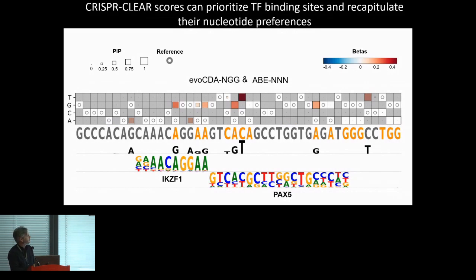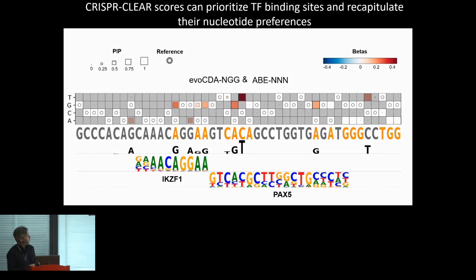In PAX5, there is a nice thing that I like. Here you see this A to G edit is quite important, and PAX5 doesn't tolerate this G. This A to G edit here we can also edit efficiently, but there's nothing here. And if you look at PAX5, actually we're improving the binding site. That's why, to me, this is a nice, convincing example.